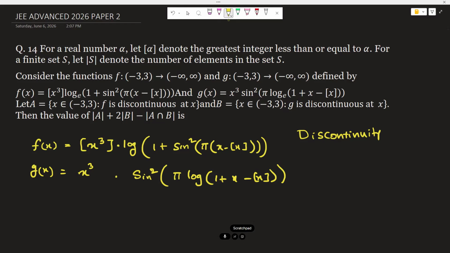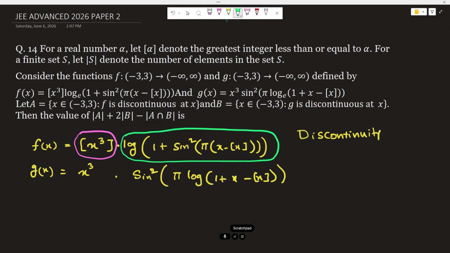So here you can see two functions. If you observe f of x, the first function is x cube, and the second function is the log function. Here we are talking about continuity and discontinuity.